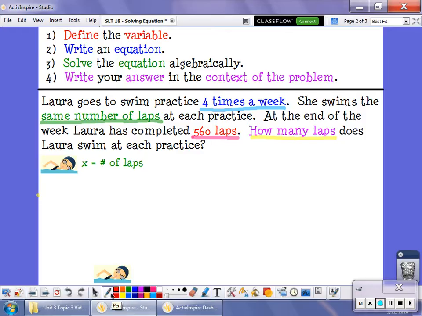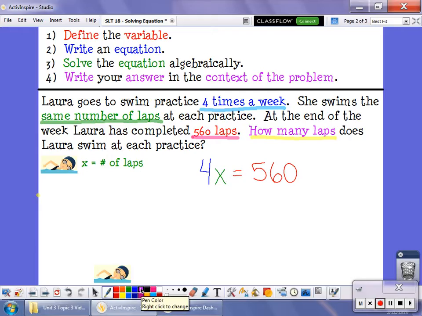Now it's time to write my equation. I know that Laura swims 4 times every week, and every time she swims X number of laps. So 4 times X is going to give me her total number of laps, which I know is 560 laps. So every time she swims, she gets X laps, and then 4 times that because she swims 4 times a week.